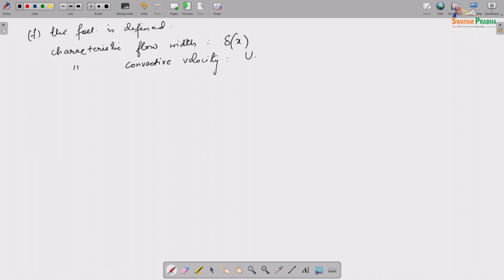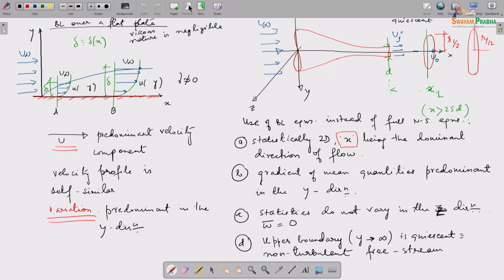Characteristic convective velocity, which I'm going to call this, and the characteristic velocity difference, the difference between the velocity there and the ambient. This is the convective velocity, say u here.